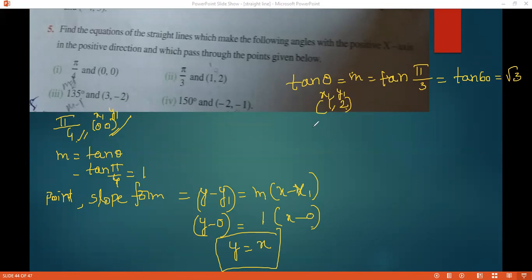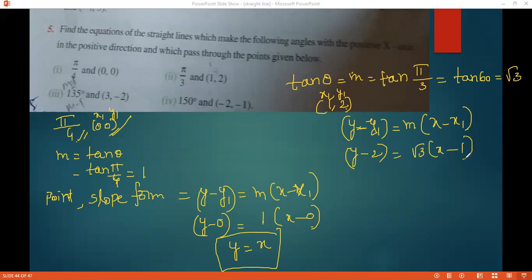So what is the point slope form? Y minus y1 is equal to m into x minus x1. So y minus y1 is how much here? Y1 is 2, which is equal to m, root 3, times x minus x1. X1 is 1.